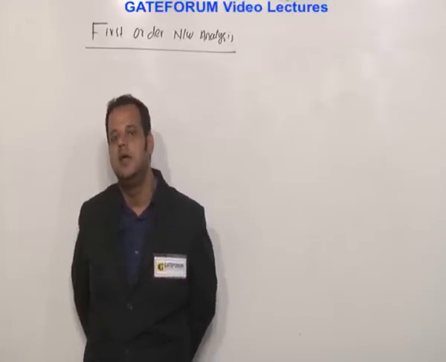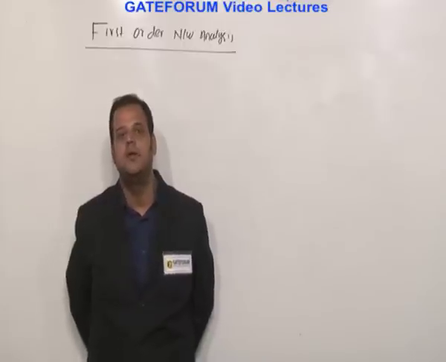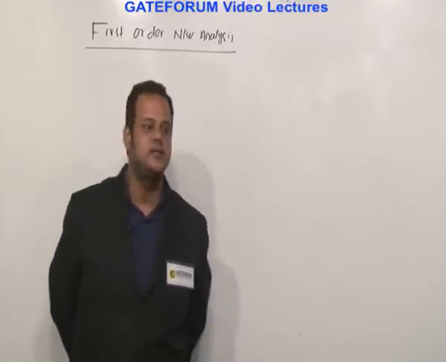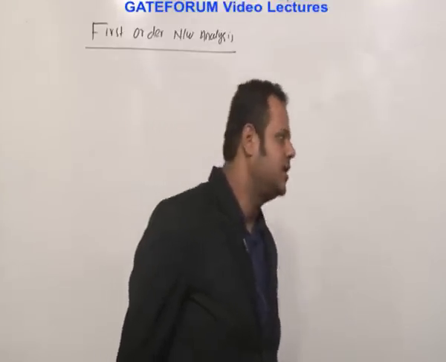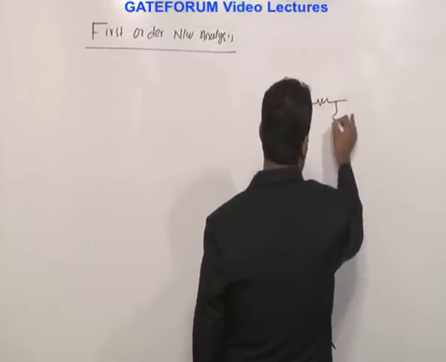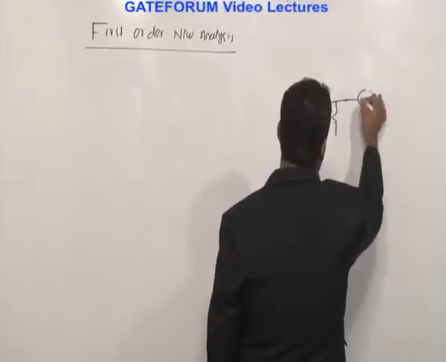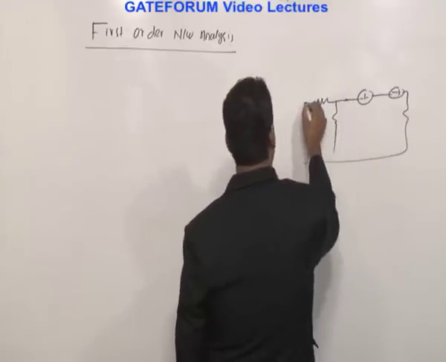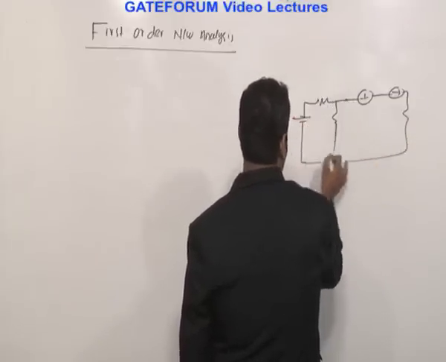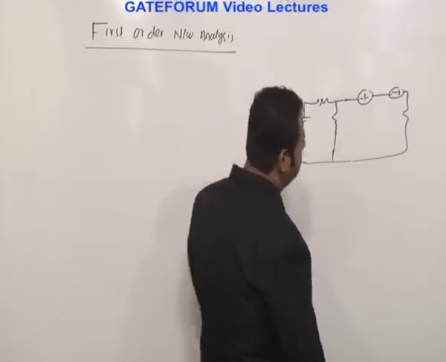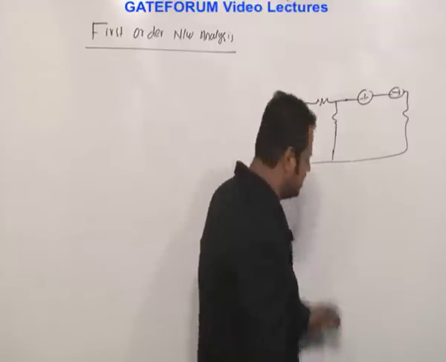Now see one thing is clear: if the network comprises purely resistors, then the equation we get is always algebraic in nature. In other words, it is not differential in nature. It doesn't matter how many resistors I take or how many voltage sources and current sources I introduce, if I write any kind of equation, whether nodal or mesh, it will always look like an algebraic equation.